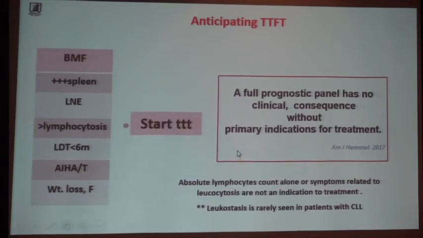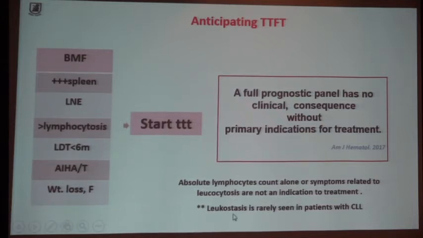You should start the treatment at that moment. However, we should mention that it's applied now, in 2019, that absolute lymphocytic count alone and symptoms related to lymphocytosis cannot be an indication to start therapy.